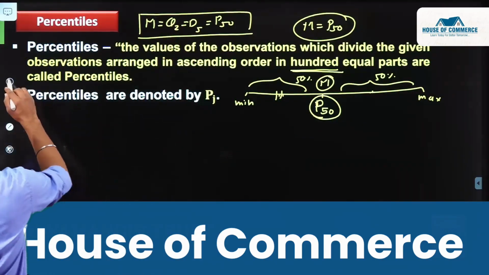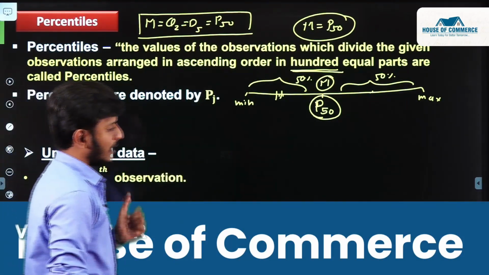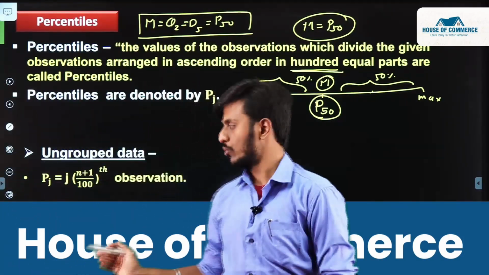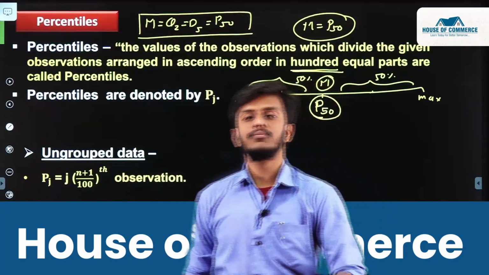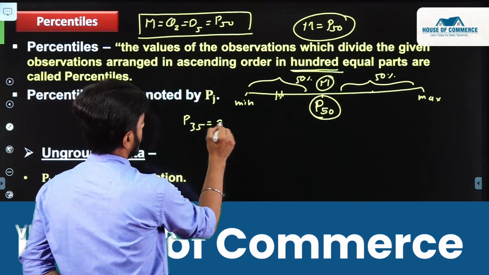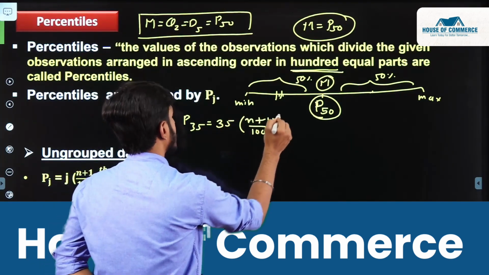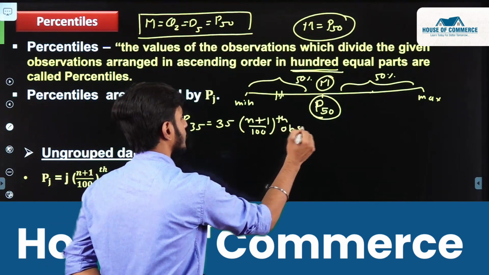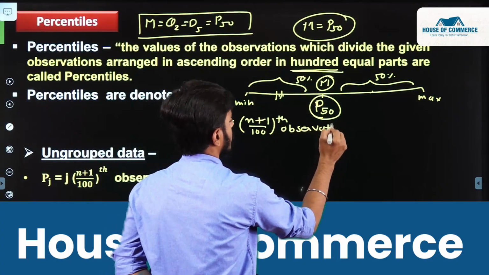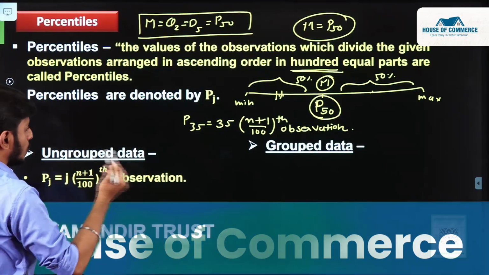Then we'll move to the next portion, which is the formula for the ungrouped data. Pj equals j (n plus 1) by 100. You have to use the 100 here. And if they ask to find P35, then how can you write the formula? 35 in bracket (n plus 1) divided by 100th observation. This formula will be used for the grouped data.